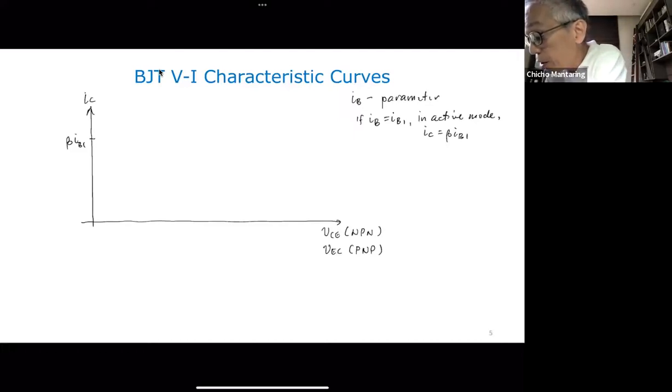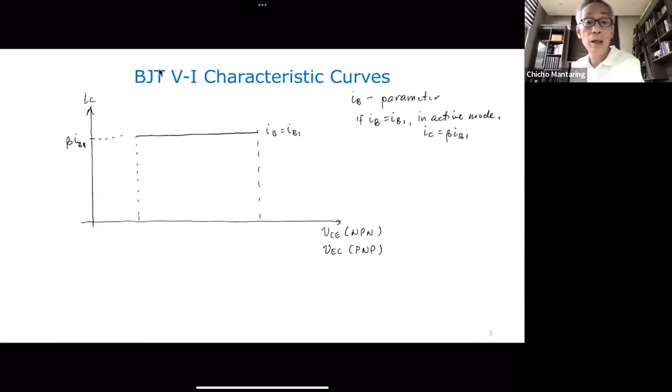I will be in active mode maybe in this particular region. So in this particular region, IC is a constant. It does not depend on VCE, and the value of IC will be equal to beta times IB1. So this is IB equal to IB1.